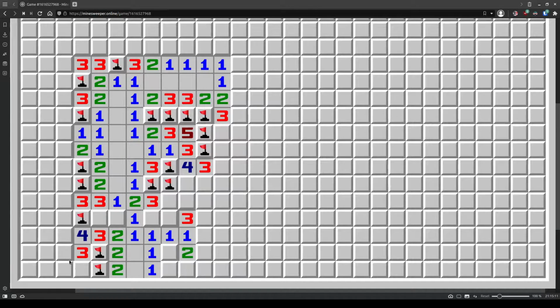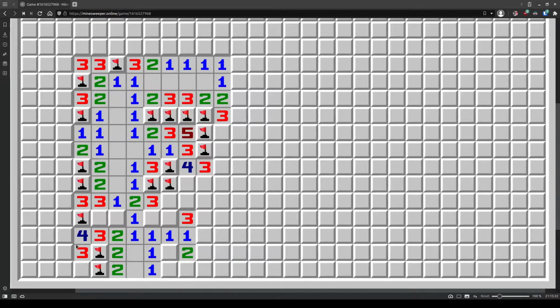Let's see. Okay, here's a little complicated. We have a 3 here and a 4 here. Now the 3 here says that these two cells here have one mine at maximum. You can also have no mine.